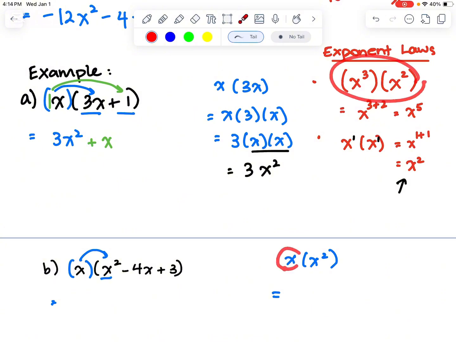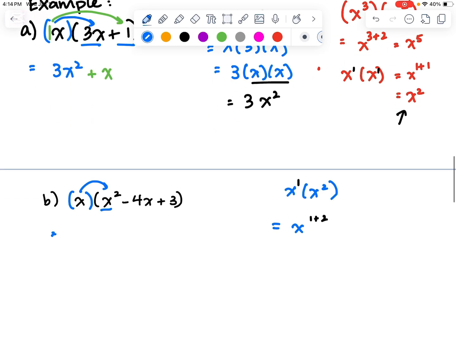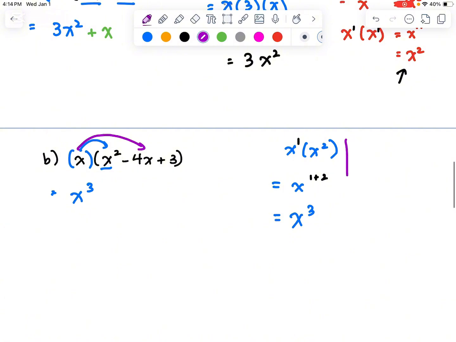Because my bases are the same, I'm going to keep that base x, and I'm going to add my exponents, remembering that there's that invisible 1 there. So that becomes x to the exponent 3. So x times x squared is x to the exponent 3. How about this next one? Now I'm going to do 1x times negative 4x.